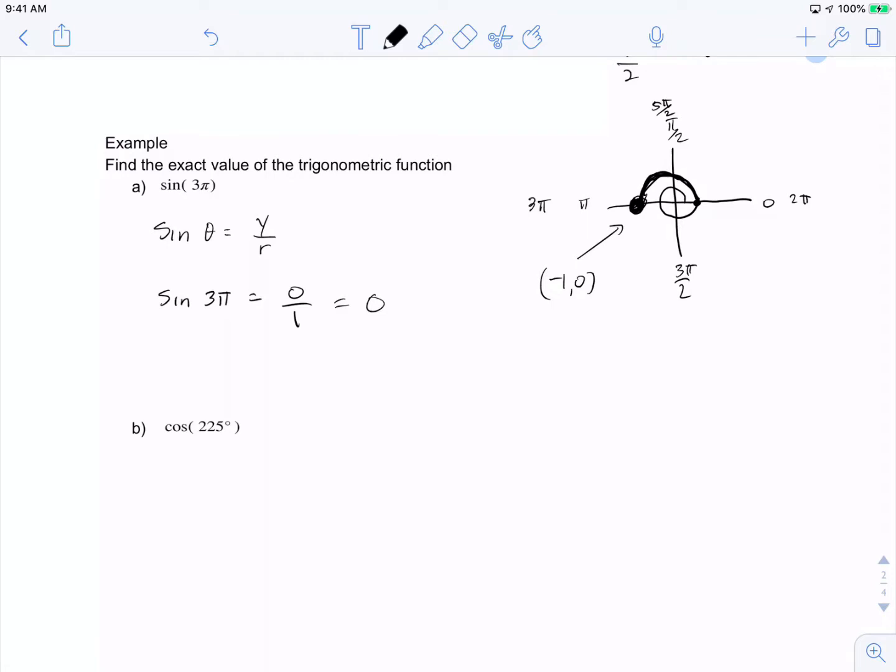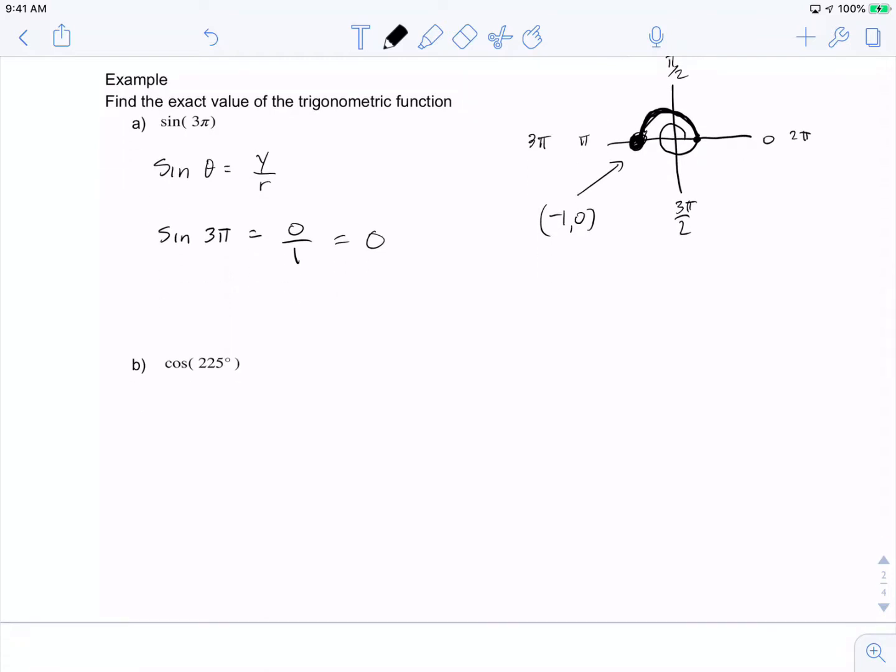Okay? For our next example, we'll use degrees. And so let's see if we can demonstrate that. So again, this would be 0, 90, 180, this is 270, and if we went all the way through, this would become 360 degrees, correct?